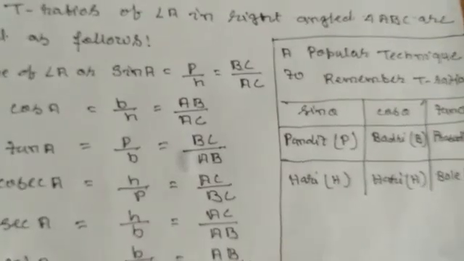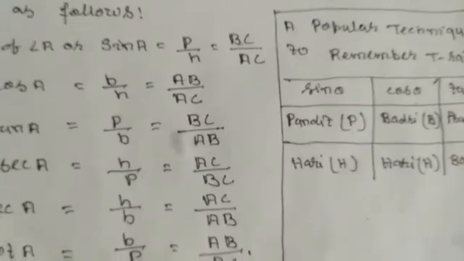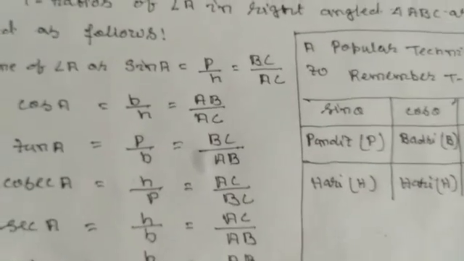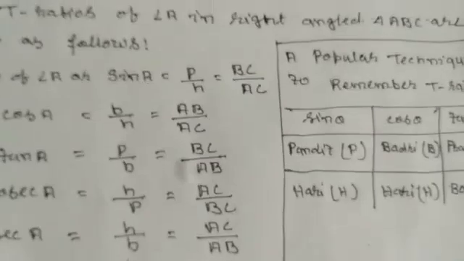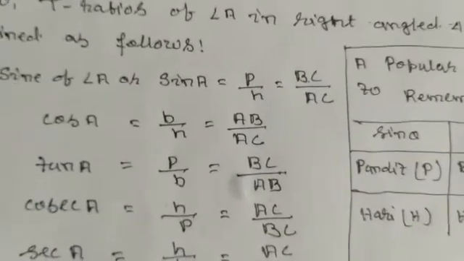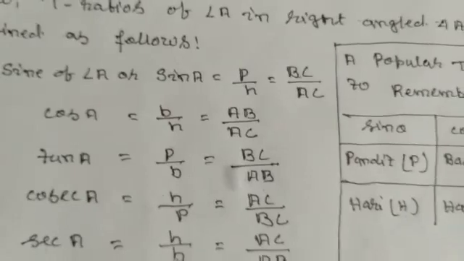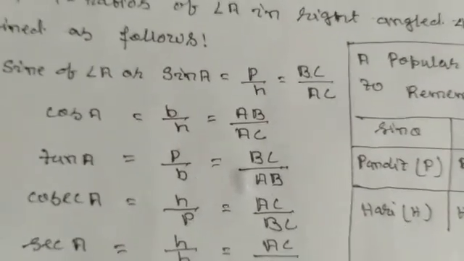In this case, when the acute angle is changed, the values of the trigonometric ratios remain the same. So these are a few important things about the trigonometric ratios. I hope all of you have understood, and if you have any problem, then you may ask.